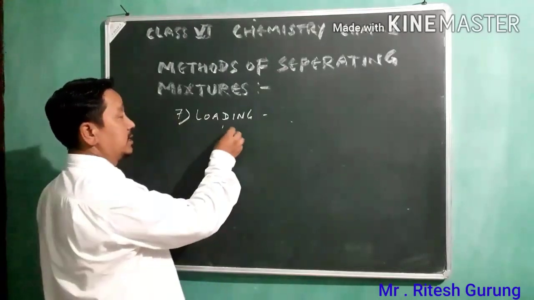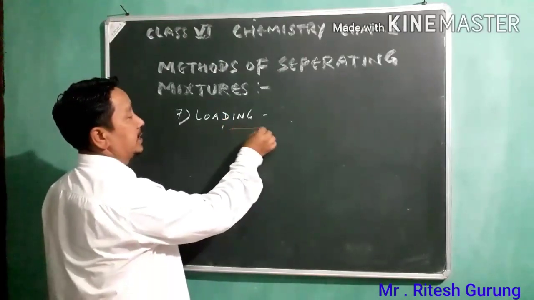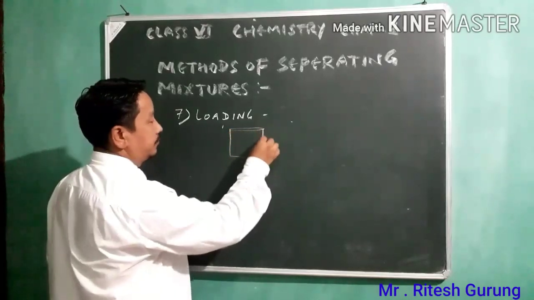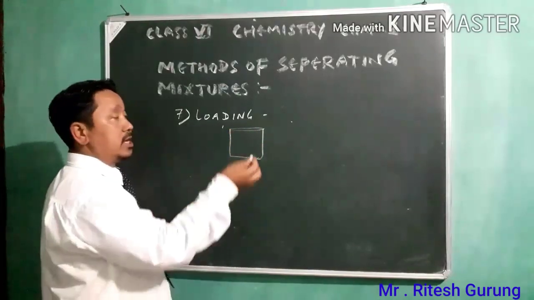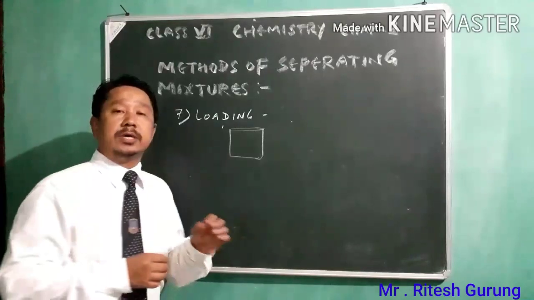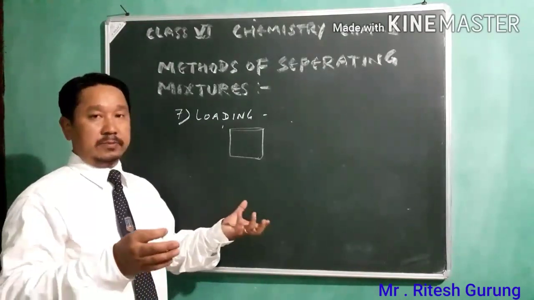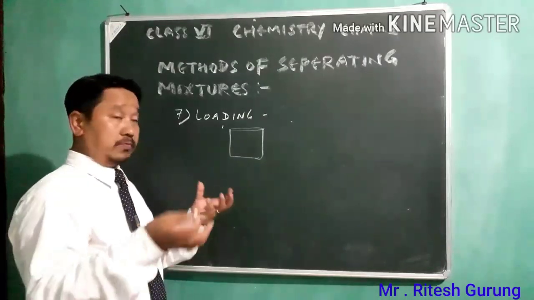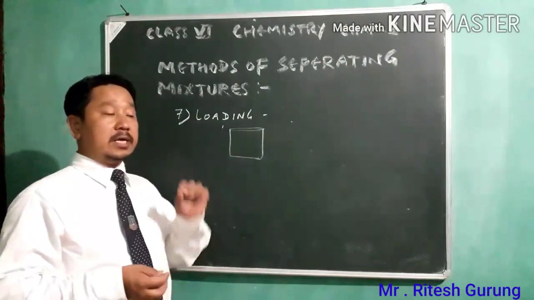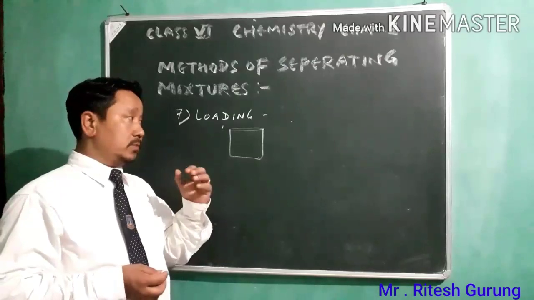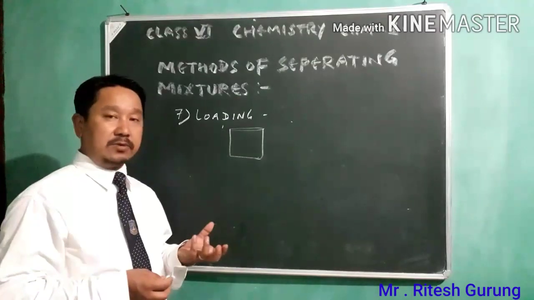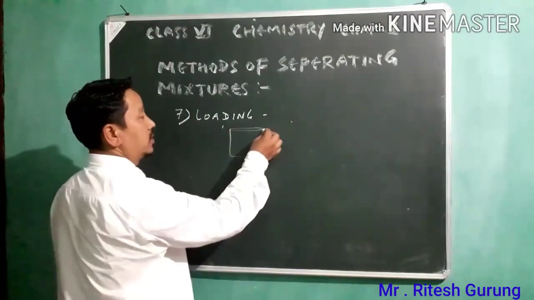Let me tell you once again in this regard. Suppose let us say this is the container. In this container you have collected water from river, pond, or some stream from some other sources where some fine particles are there which cannot be separated.